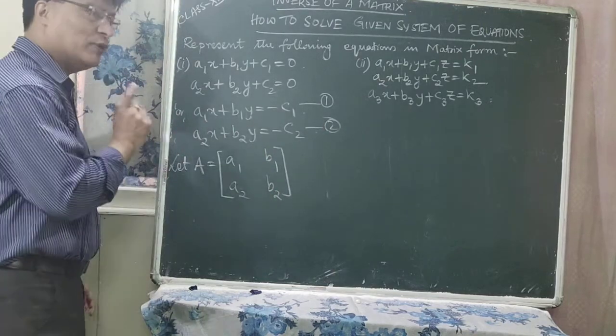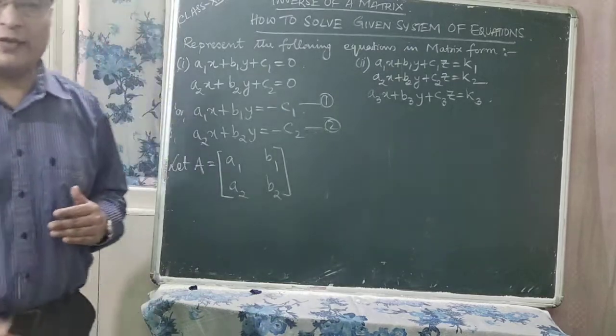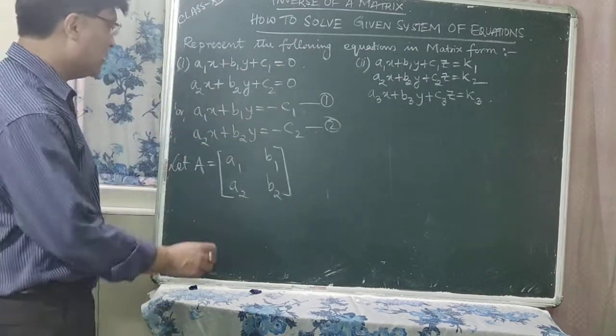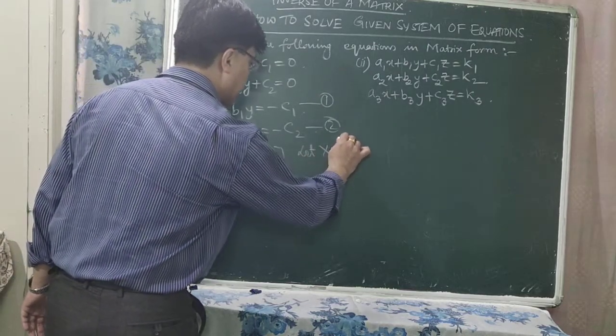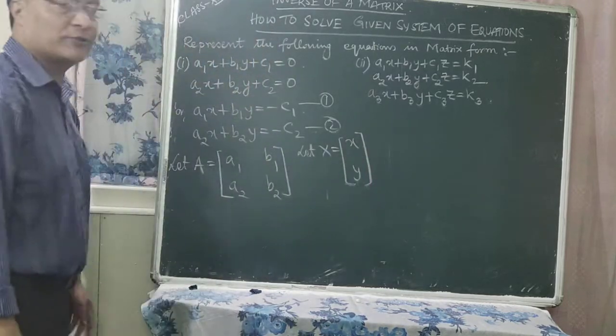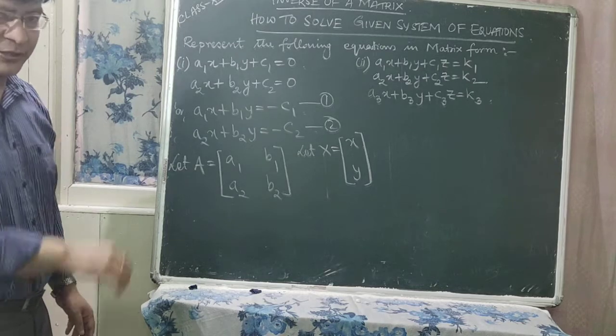And which are the unknown quantities here? That means you have to solve for them. In order to solve it, you have to get the values of x and y. So these x and y are unknown quantities. Let capital X be equal to the column matrix of x and y.